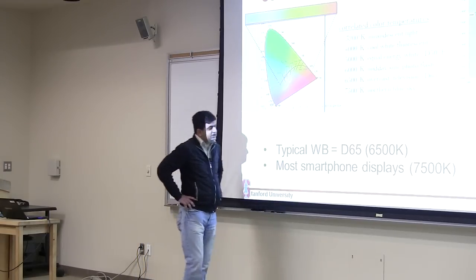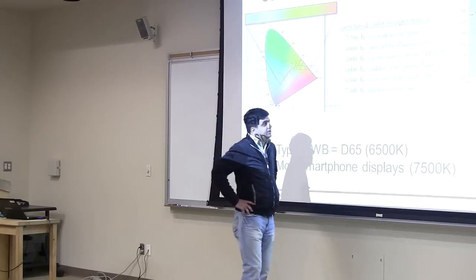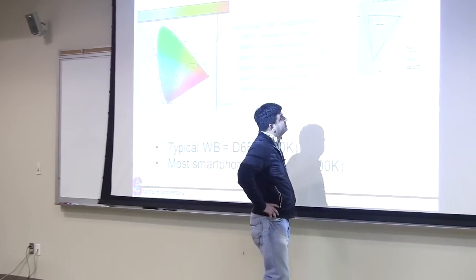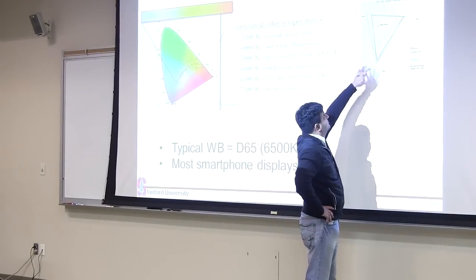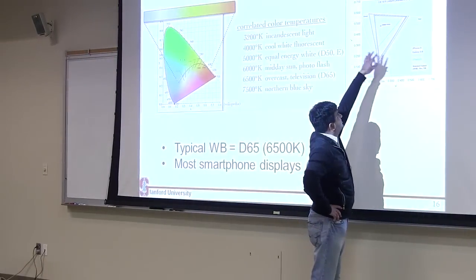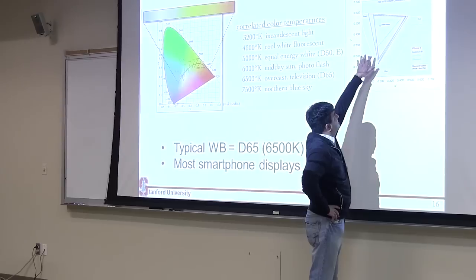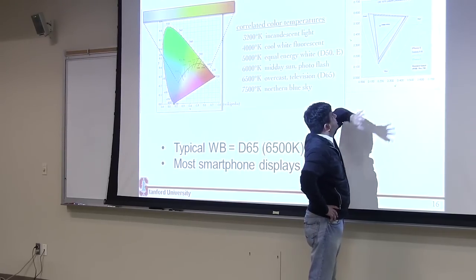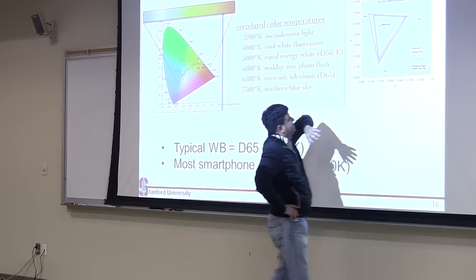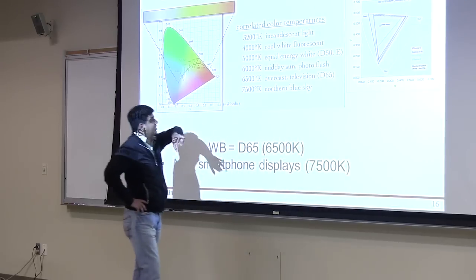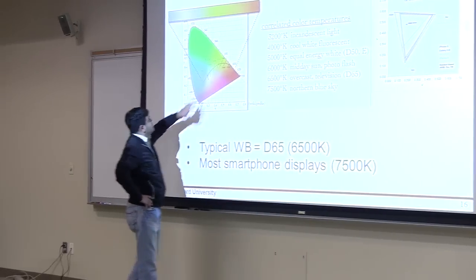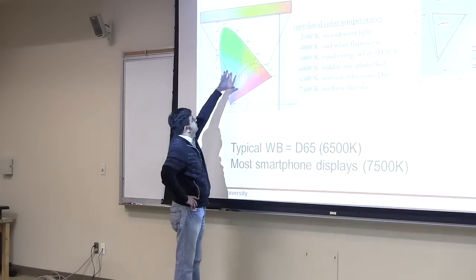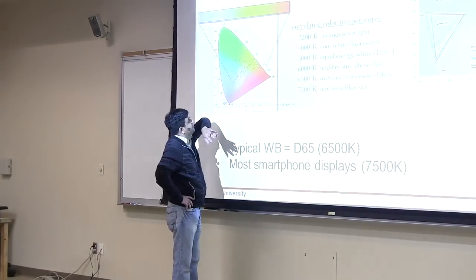Most of these displays don't cover the whole color gamut, they cover a subset of that. The subset is this black triangle over here, called the standard RGB display, or your RGB color gamut, which is roughly half the area of this color gamut.